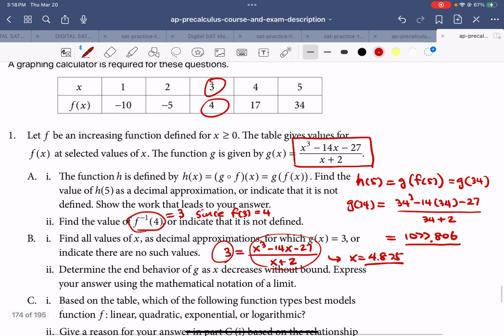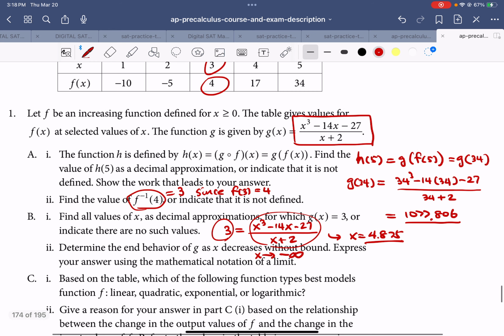Okay. Now second one, determine the end behavior of g as x decreases without bound. That means x goes to negative infinity, because decreases without bound means negative infinity. Express your answer using mathematical notation of limit.